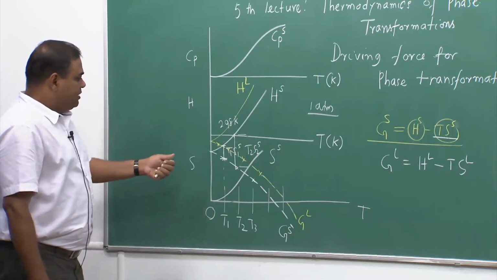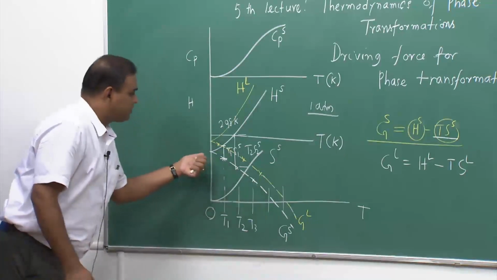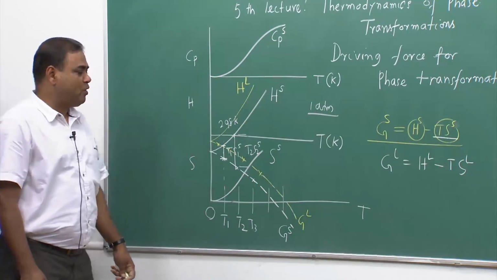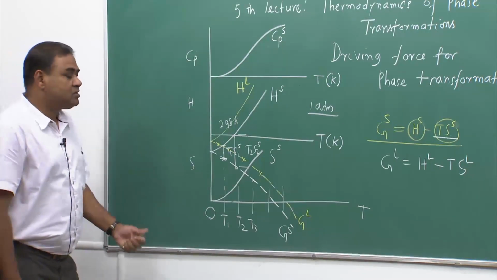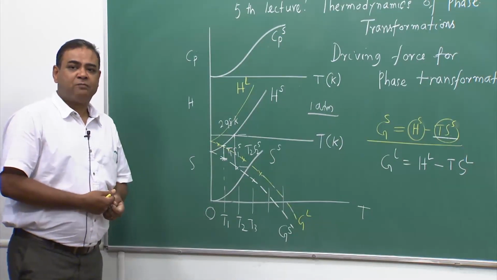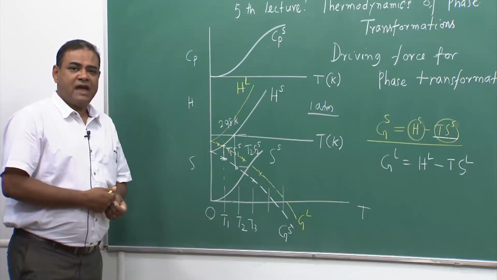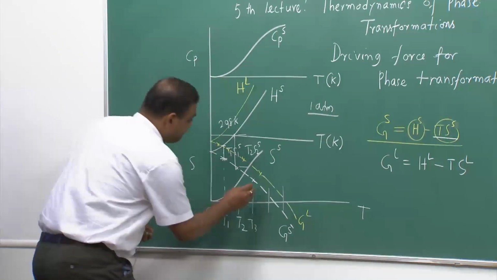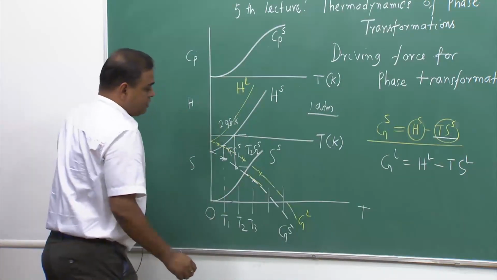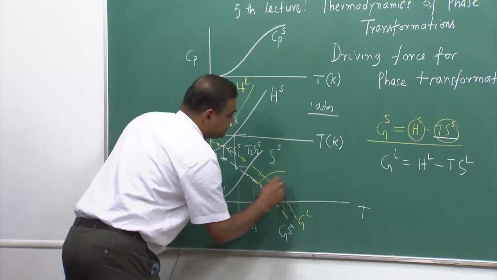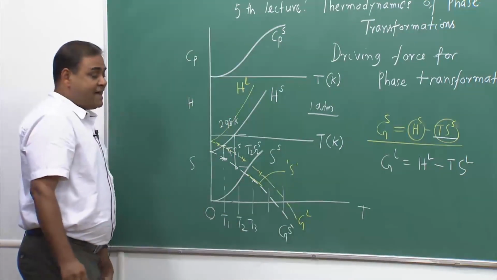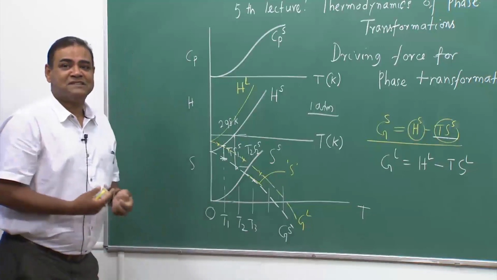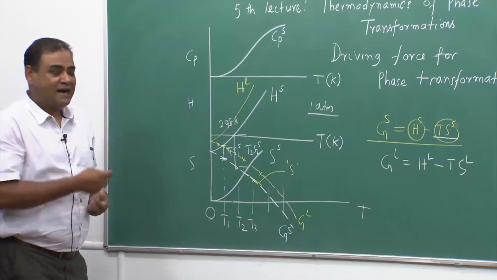Now, if I have this particular plot, if I try to see what is the slope at each point, that slope is nothing but the entropy of that particular material at that particular point of that particular phase. So, if I try to find out the slope here, this slope is nothing but the entropy for solid. And similarly, if I try to see from this diagram, that slope is nothing but the entropy at that particular point.